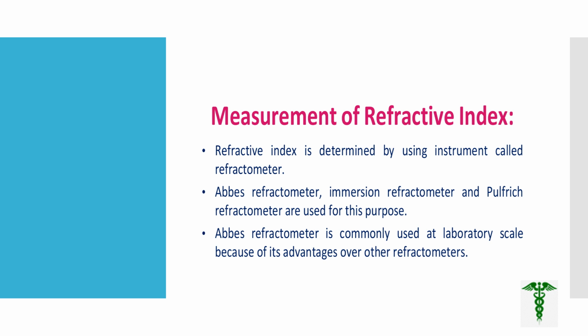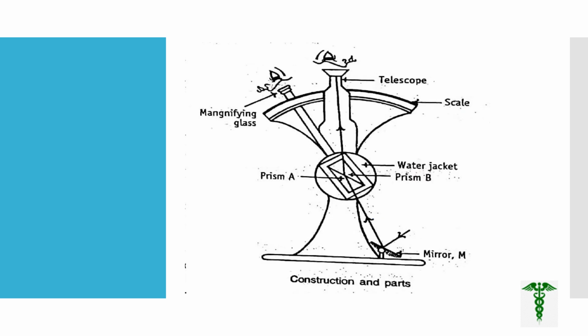Normally we use some liquids for calibration of the refractometer, like CCl4, toluene and distilled water. For distilled water, the refractive index is 1.3. Among these refractometers, we use Abbe's refractometer as the commonly used laboratory instrument because of some of its advantages. So these are the parts of Abbe's refractometer.